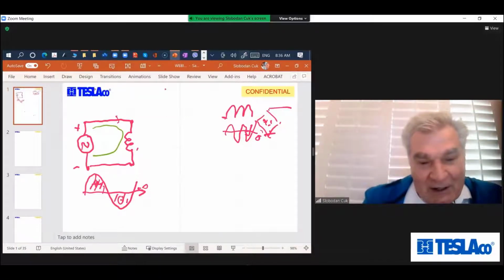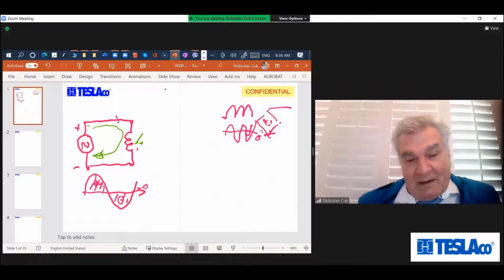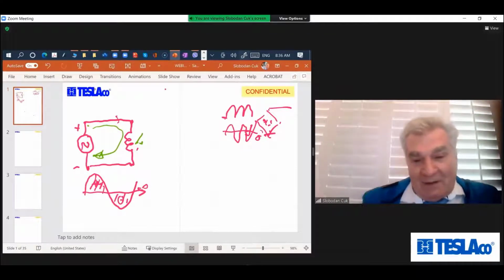So there is this current here, and this is impedance, inductance. So what is Faraday's law?